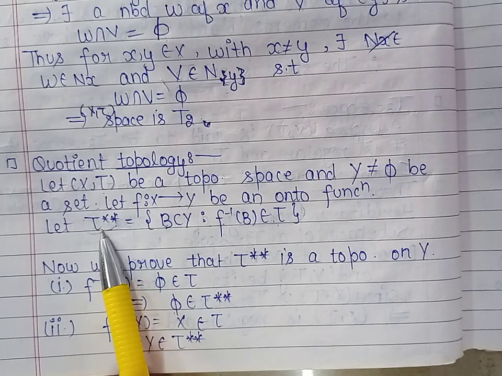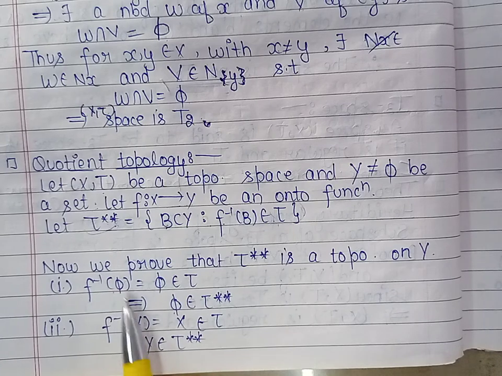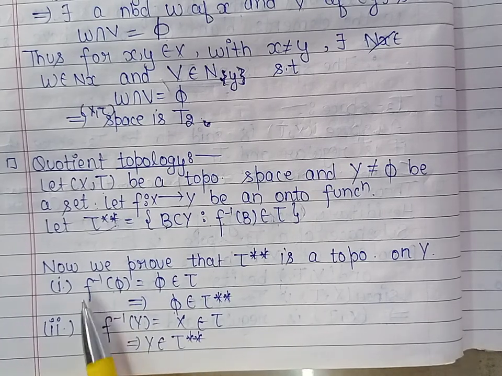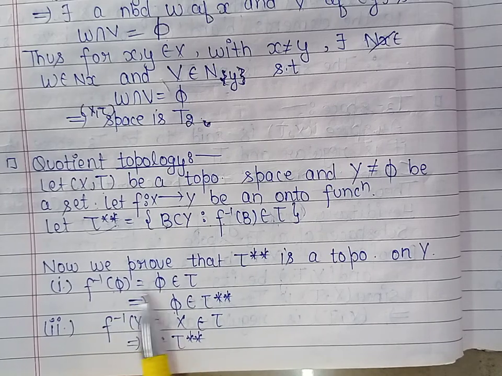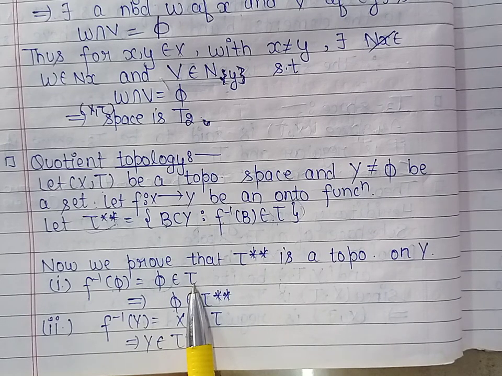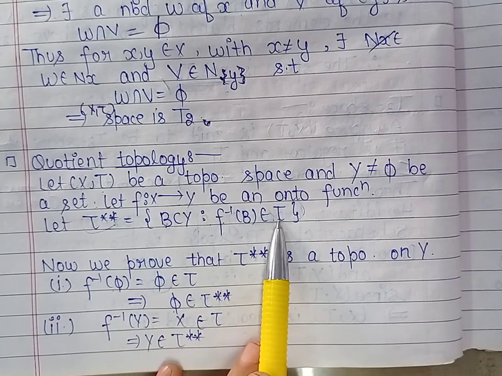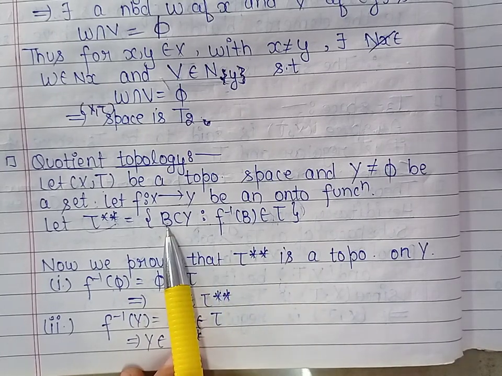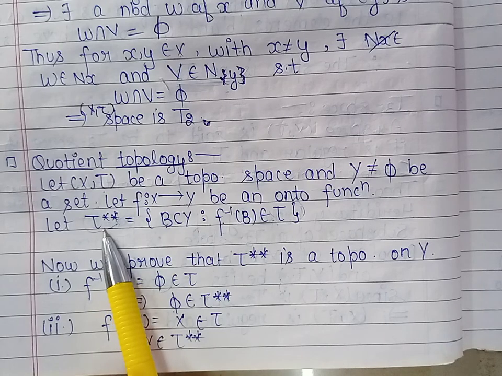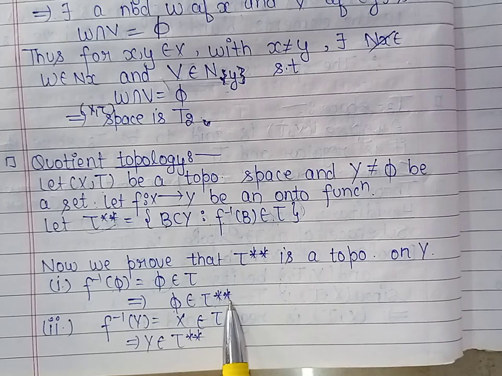For this we will have to find the inverse image of phi, and that should belong to the topology of X. Now let us find the inverse image of phi under the function f. By definition, the inverse image of phi is phi, and phi belongs to the topology of X. So by definition, if the inverse image of a set belongs to the topology of X, then that member belongs to this collection. So phi belongs to the collection tau**.